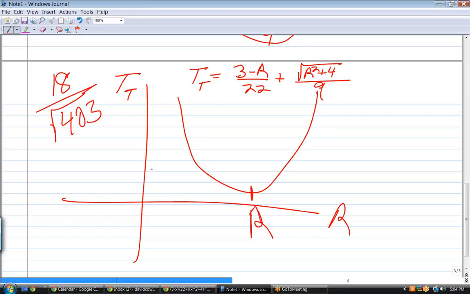And it comes at 18 over square root of 403 on the horizontal axis. And like I said, I have no idea how she wants you to come up with that number.